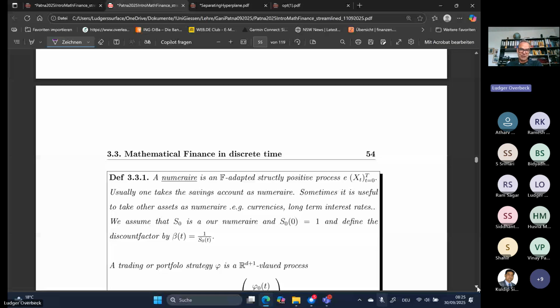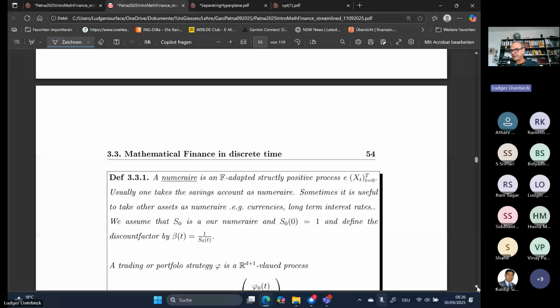It might be a dollar, a currency, a discounted currency, and so on. The only thing we need is that it always has positive value. Again, this means there's no default in this market. There's one asset which does not default, which never has the value 0. That's our numeraire, in the sense that we measure the prices with it. In our case, it will mainly be the first asset, the zeroth stochastic process.